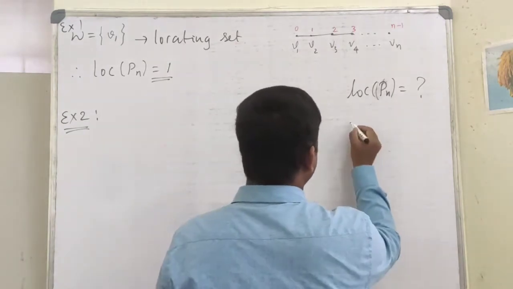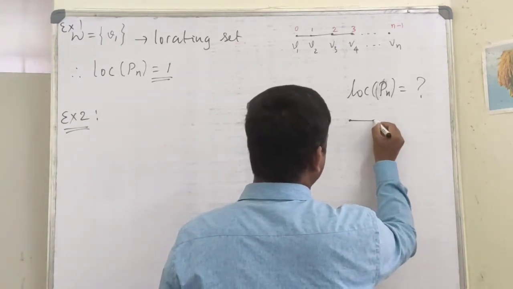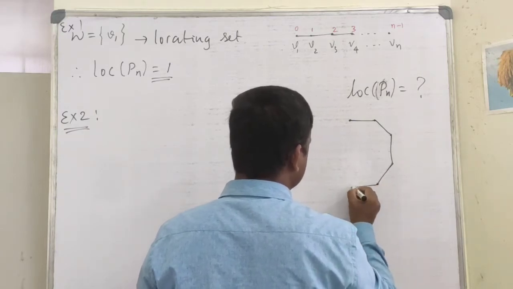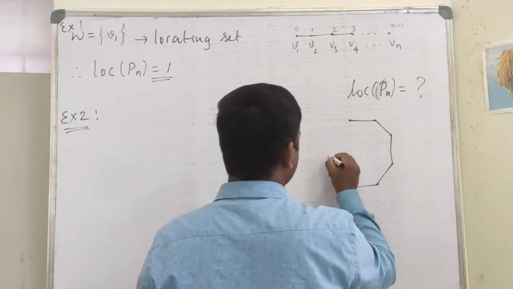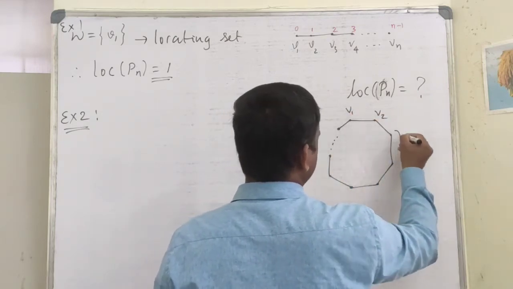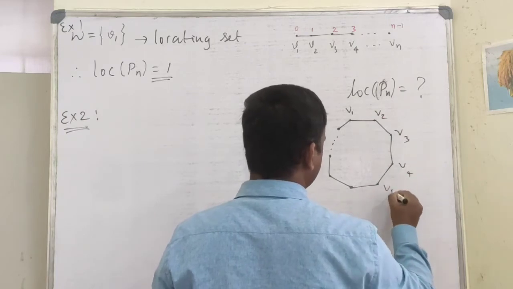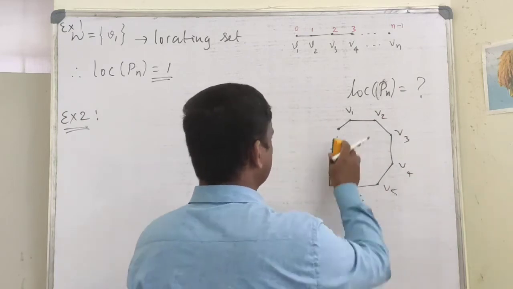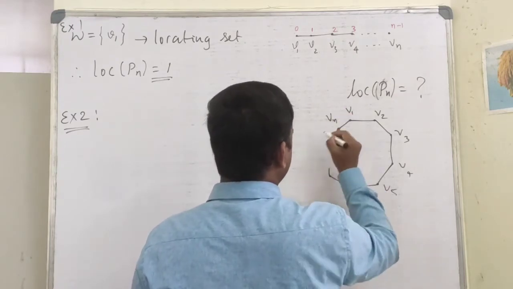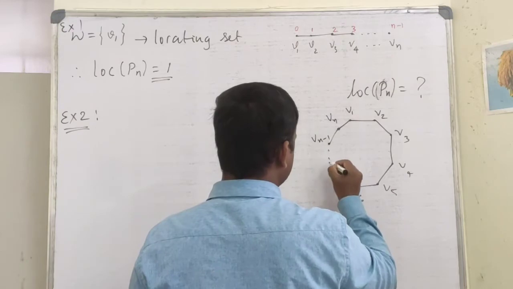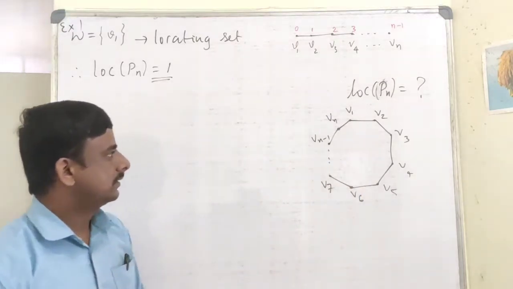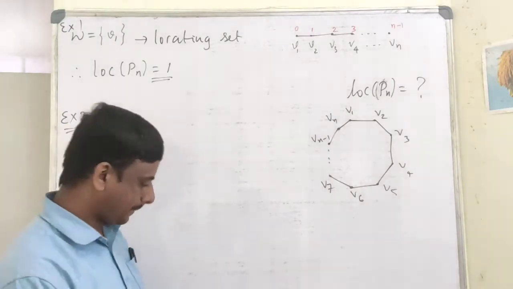It has vertices V1, V2, V3, V4, V5, V6 and so on up to Vn, Vn minus 1. So this is a cycle of order n.